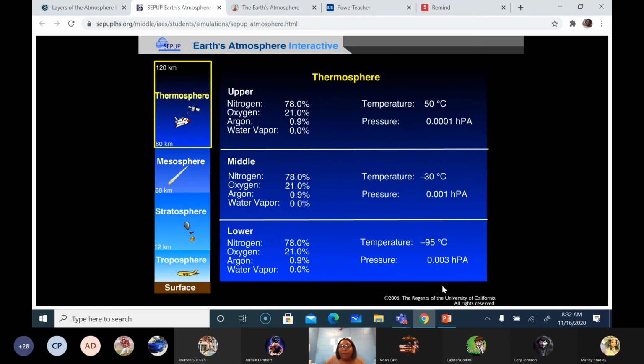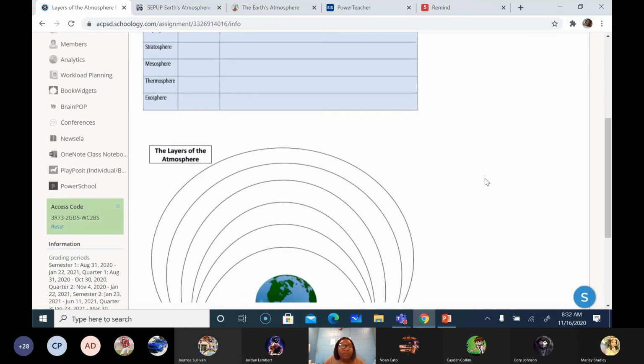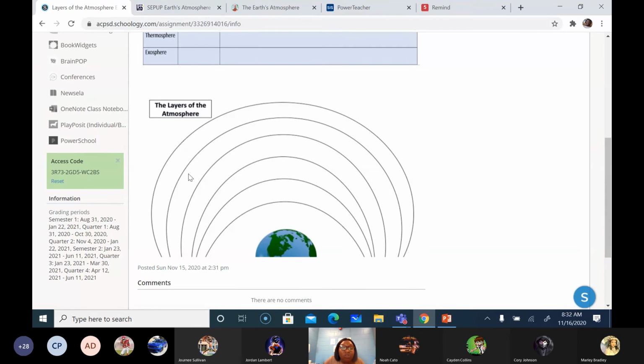This website does not include the exosphere, which is what you need to include here. And please listen: there's an extra layer on this picture that you can delete because we don't learn about the ionosphere. We learn about the troposphere, stratosphere, mesosphere, thermosphere, and exosphere, which is outer space, basically. So there are too many layers here. You'll need to delete that last layer.